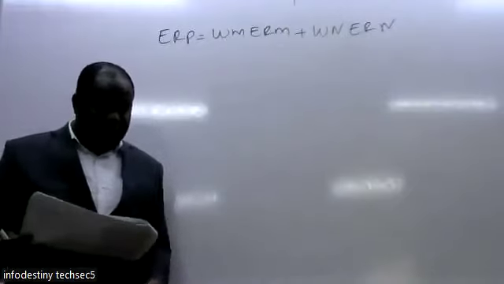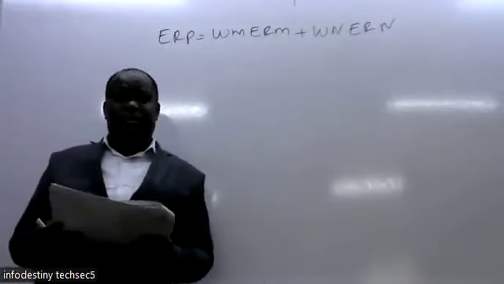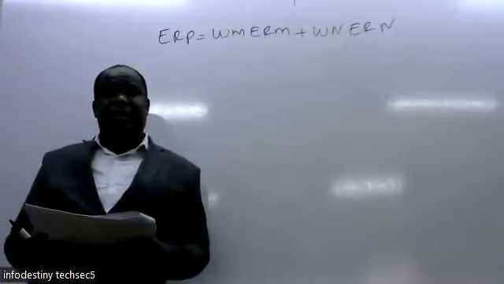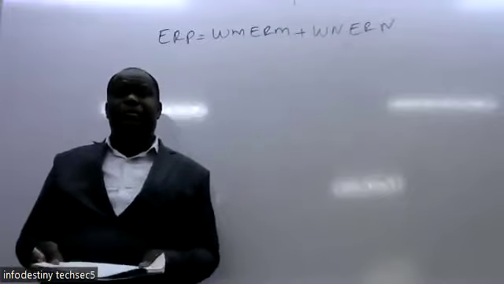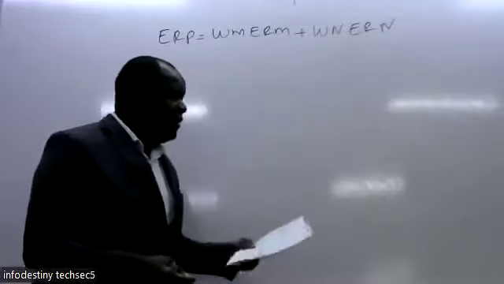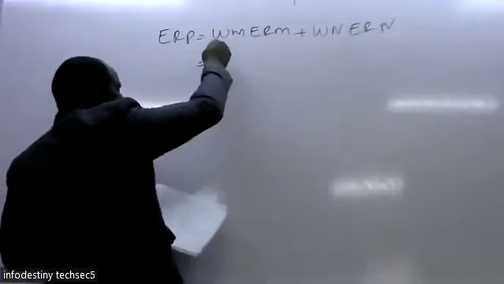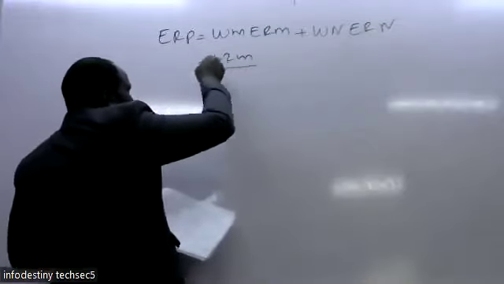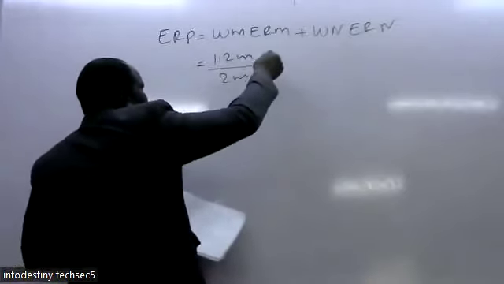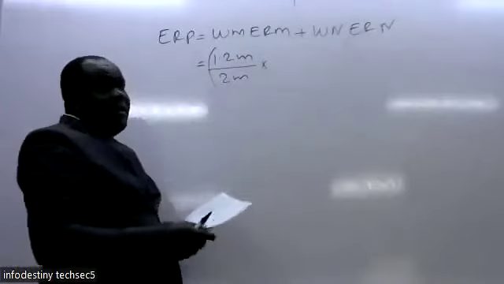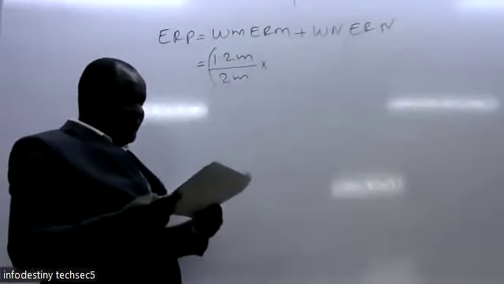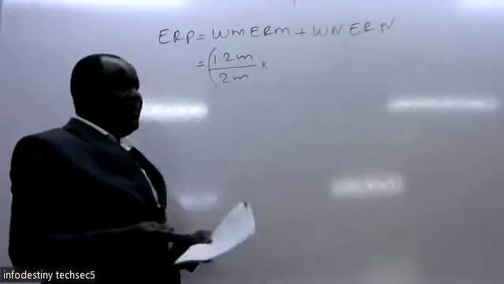So for the weight, the amount invested: M is 1.2 million, N is 800,000. When you add 1.2 plus 0.8, it is going to be 2 million. So the weight for M is 1.2 divided by the 2 million. Expected return for M was given to you: are you able to see 18%?